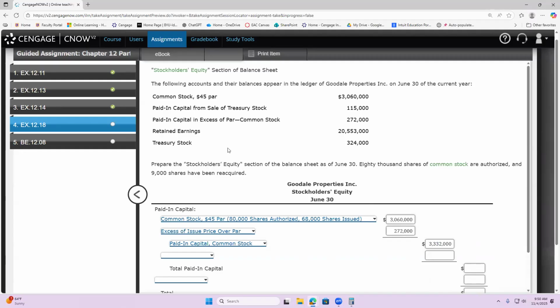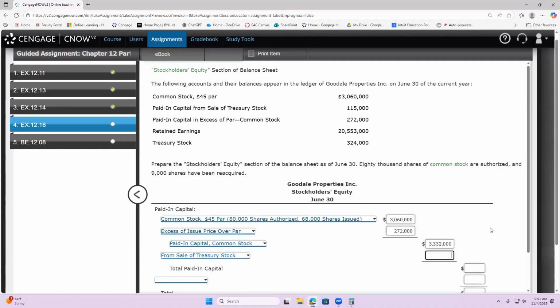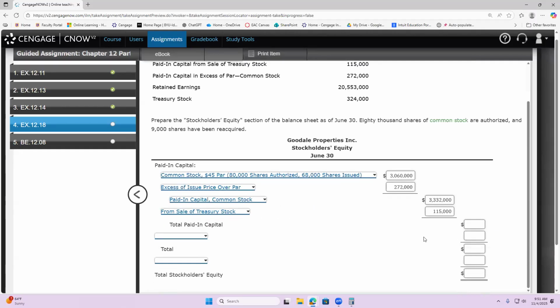We have some capital from the sale of treasury stock somewhere. Paid in capital from sale of treasury stock, 115,000. So the two of those together will add up to be our total paid in capital, 3,447,000.